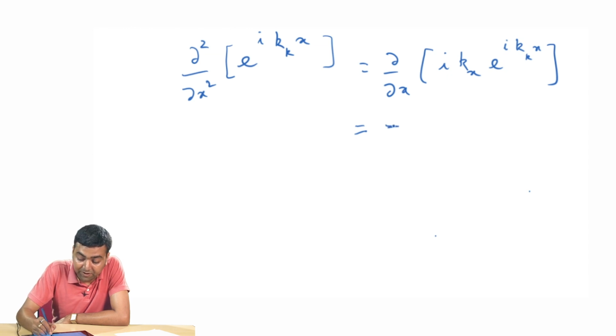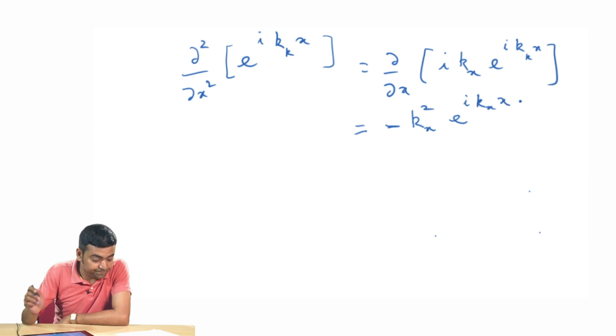So, I will get basically minus k x square, then e to the power i k x x.